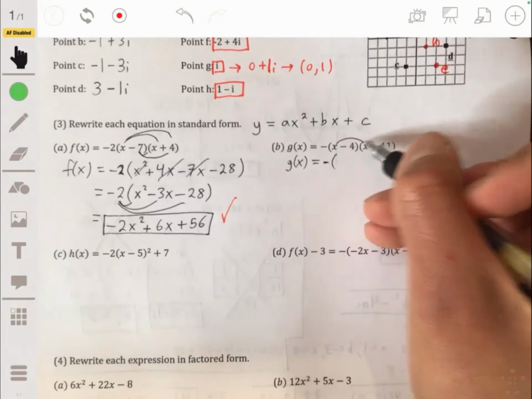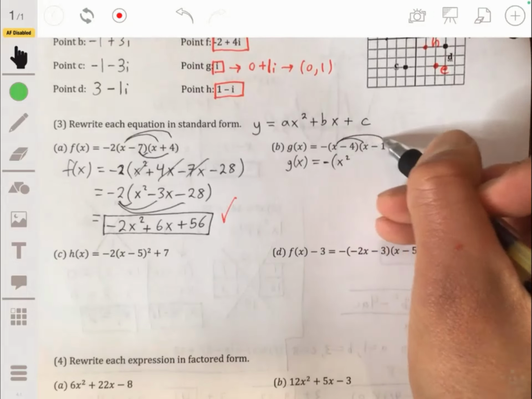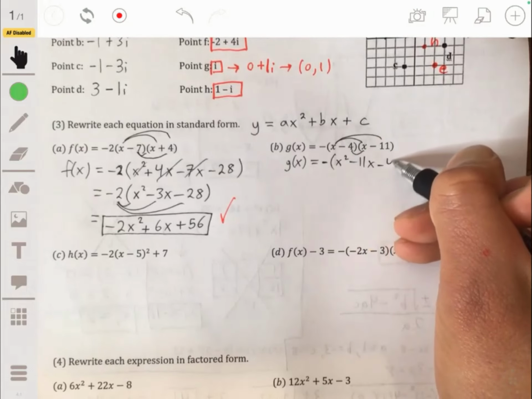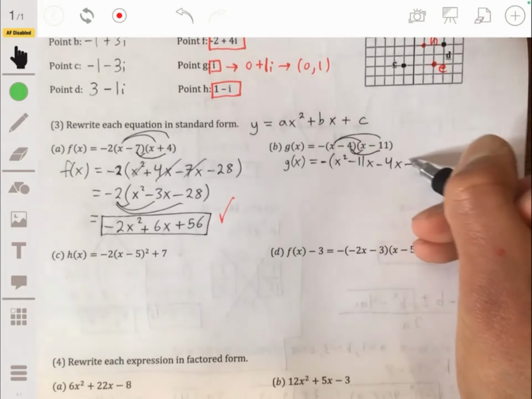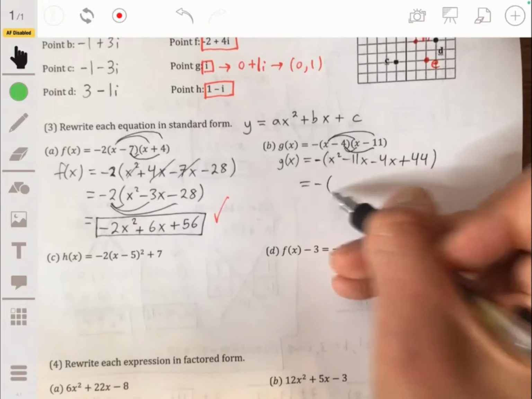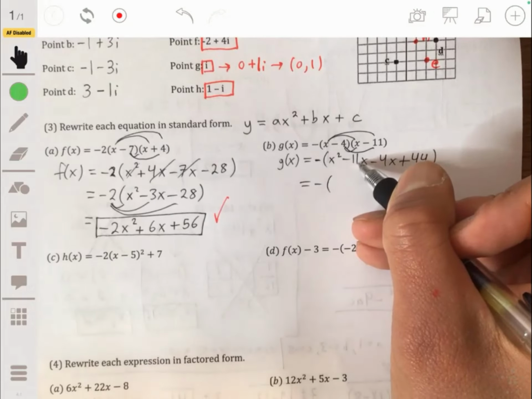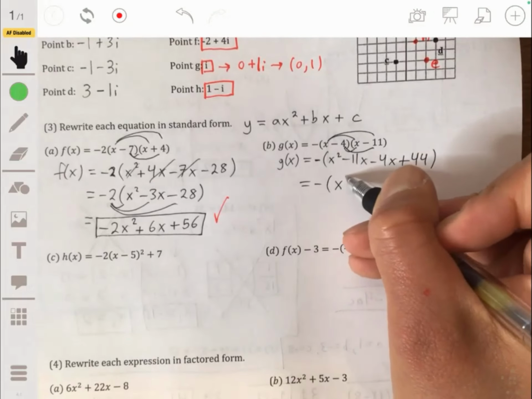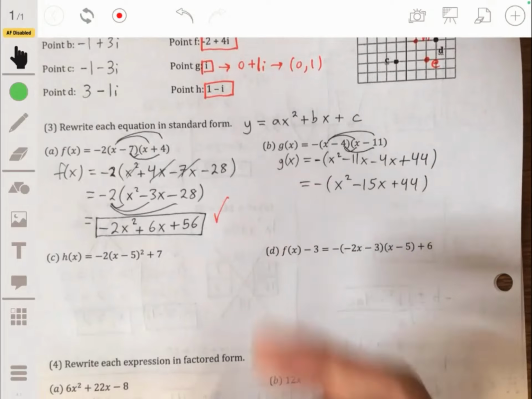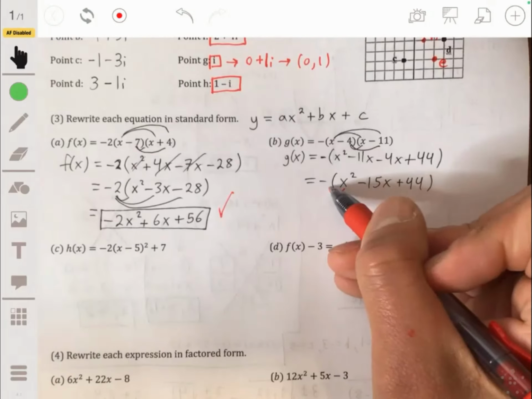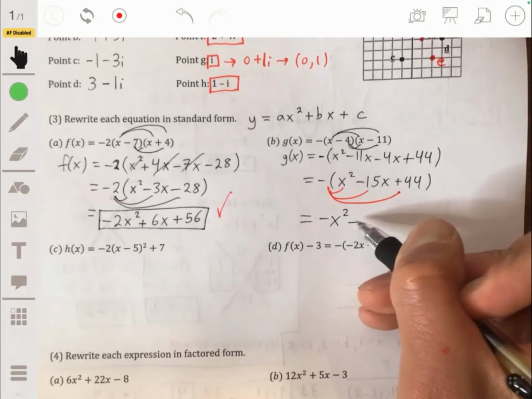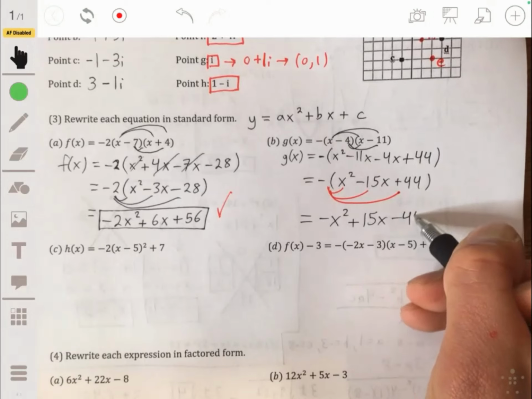So x times x, x times negative 11, negative 4 times x, negative 4 times negative 11, combining the negative 11x and the negative 4x. And then just distributing this negative symbol. Don't forget that. So then we'll get negative x squared plus 15x minus 44.